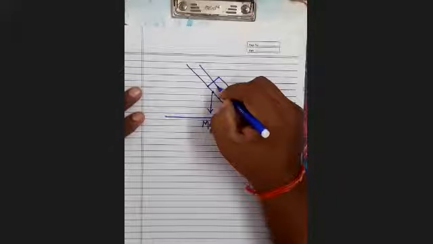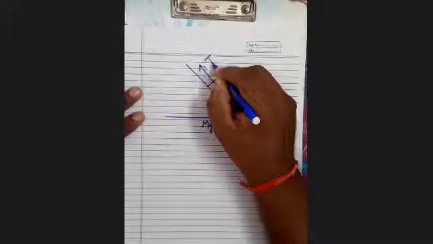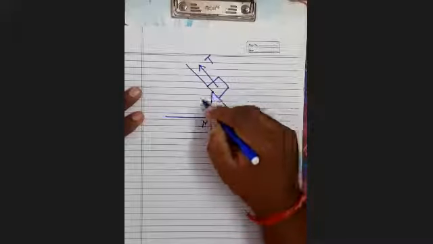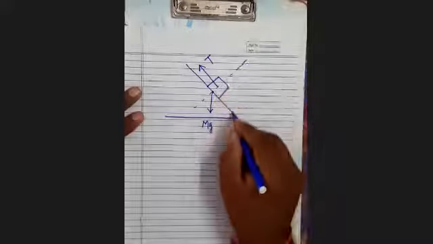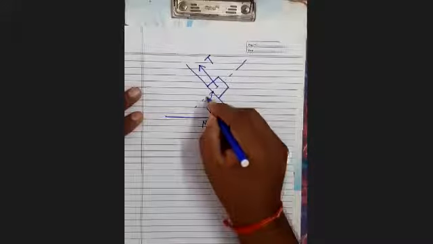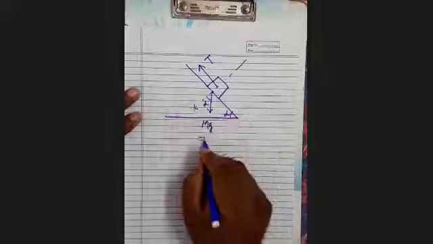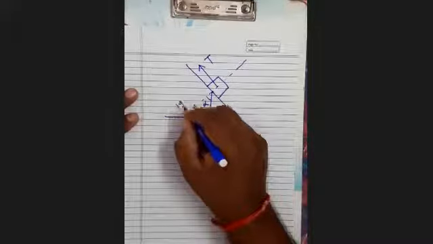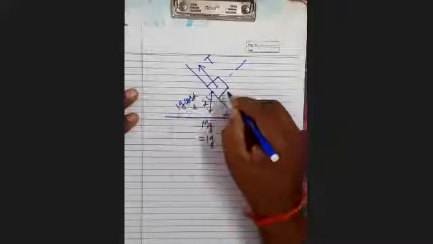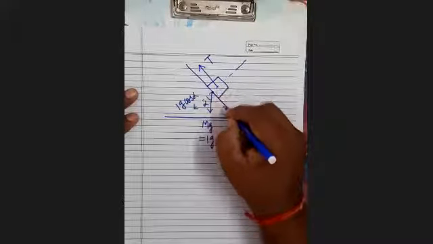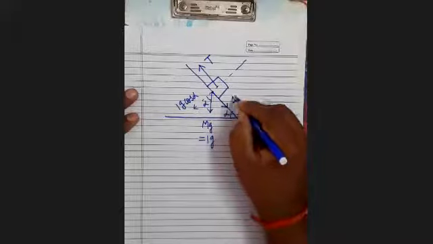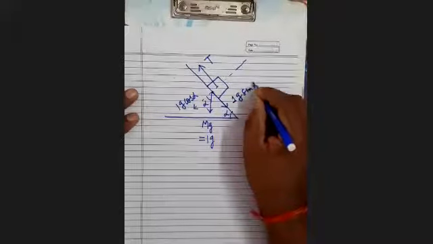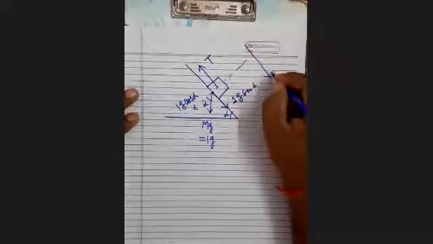Tension is acting in this direction. We can resolve; this angle is alpha, therefore this will also be alpha. This is mg cos alpha, that is 1 into g, since m is given as 1. So it is 1g cos alpha. And this is 1g sin alpha. And it is moving in this direction.